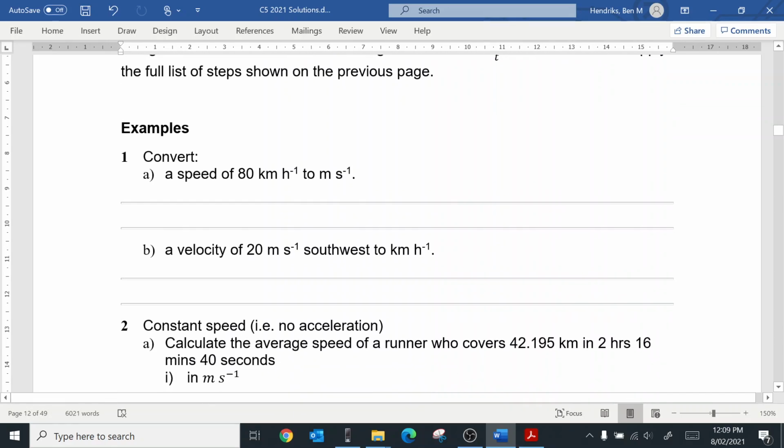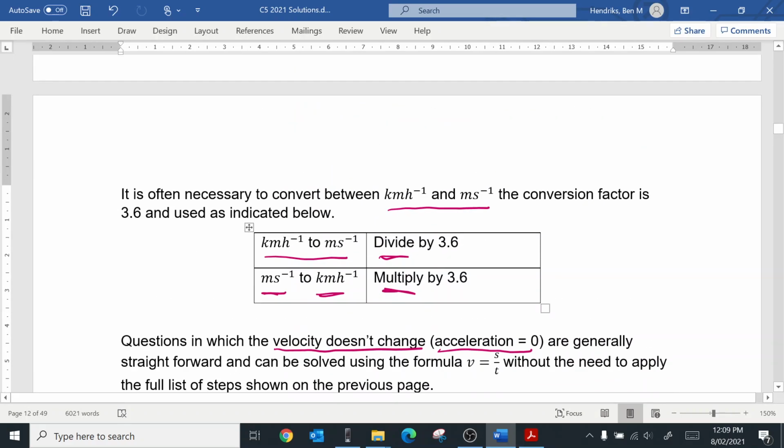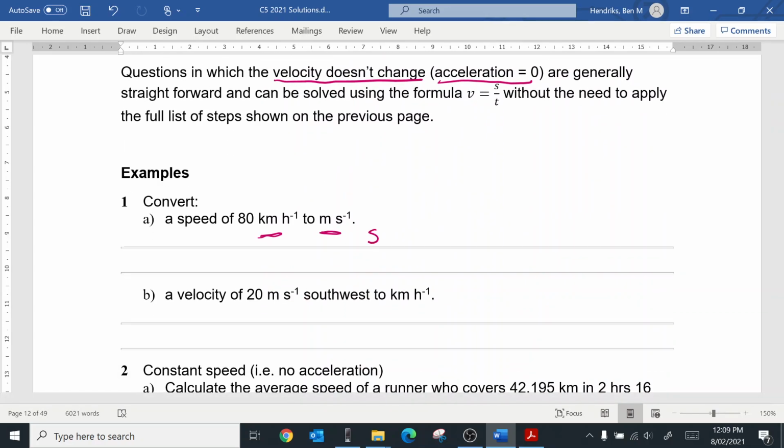Okay, so the first thing we want to do is convert 80 kilometers per hour to meters per second. Remember, if we're going from kilometers per hour to meters per second, we need to divide by 3.6. So 80 kilometers per hour is equal to 80 divided by 3.6 meters per second.